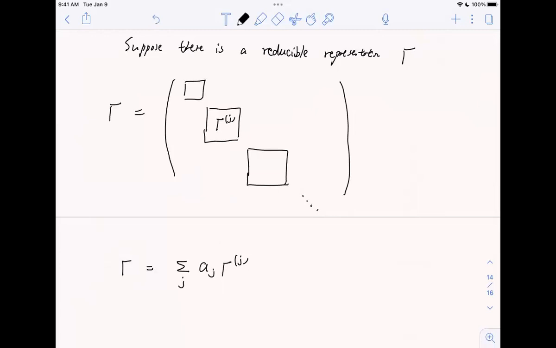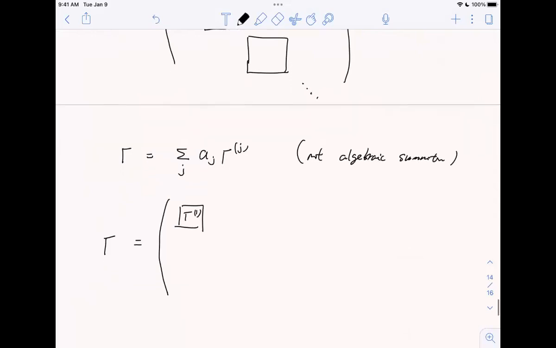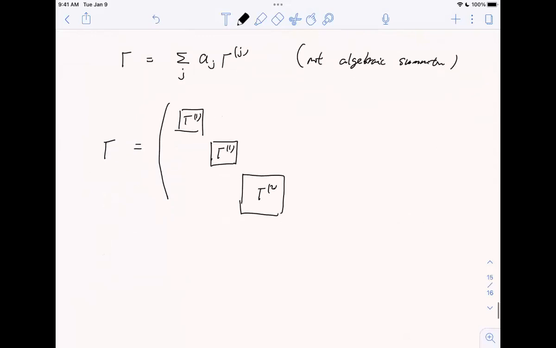For example, not algebraic summation. For example, let's say gamma equals gamma 1, and then you have another gamma 1 here, and then a gamma 2, and another gamma 2.